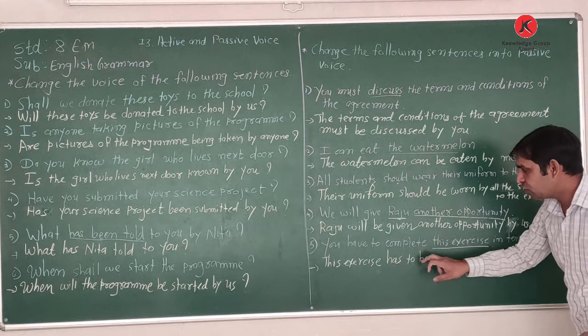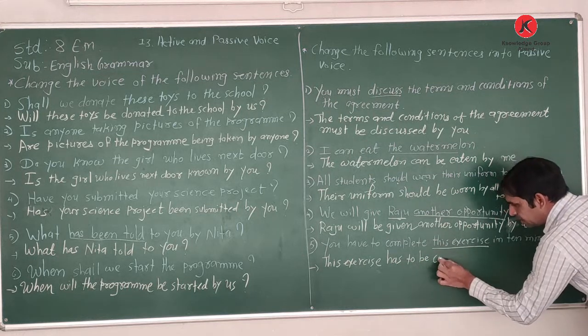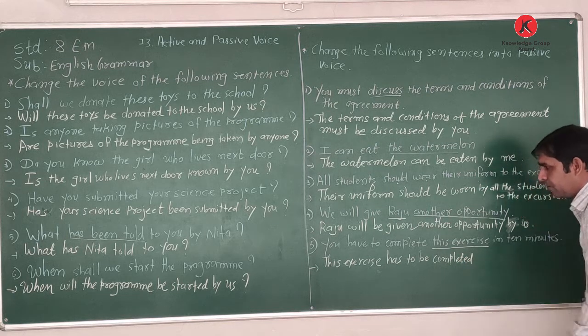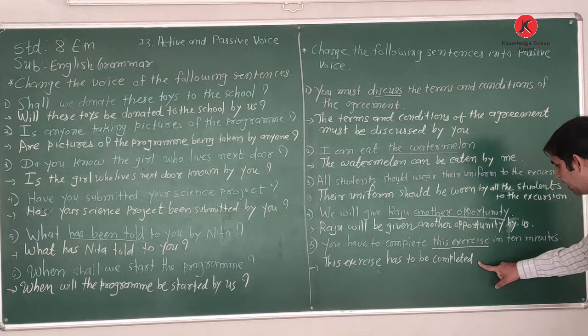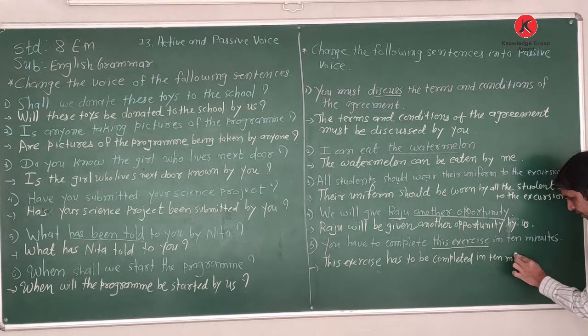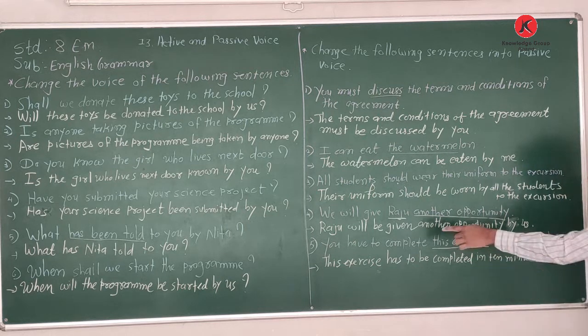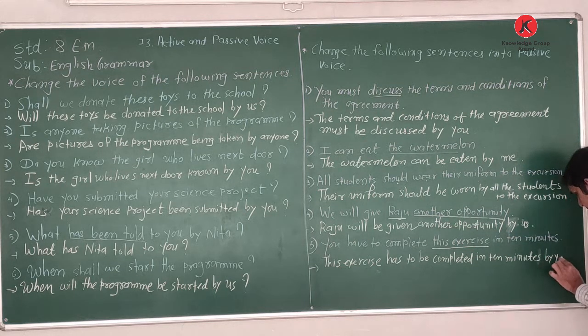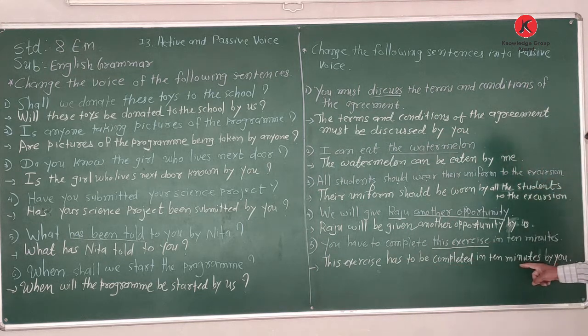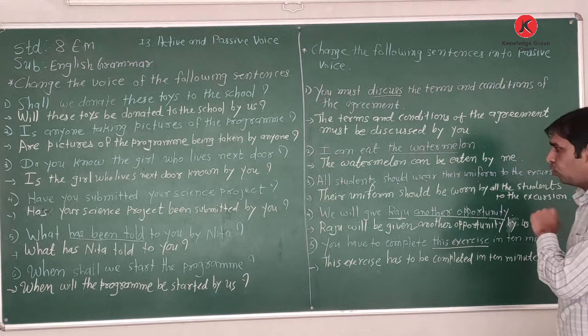This exercise has to be. Then the past participle of the verb, completed. This exercise has to be completed in 10 minutes. Then by you. This exercise has to be completed in 10 minutes by you.